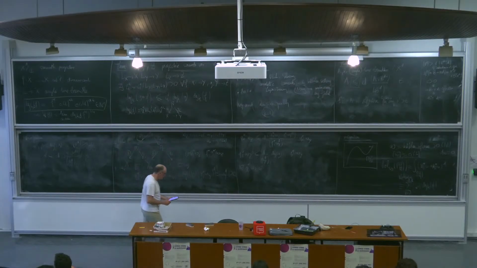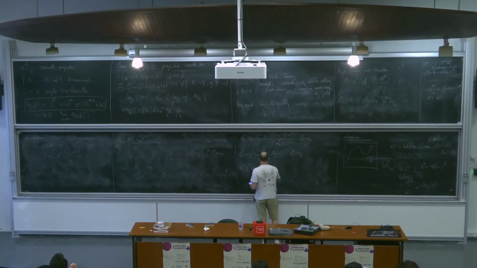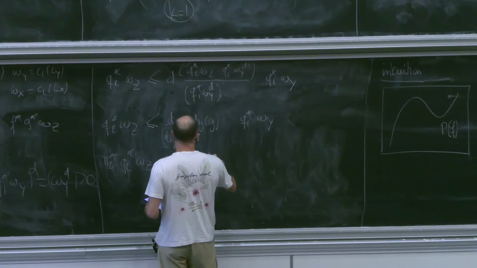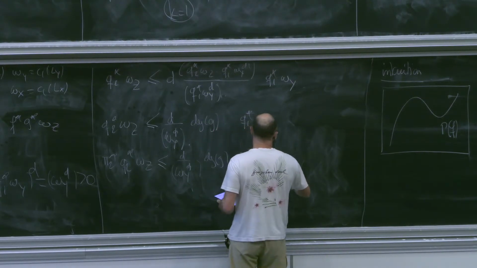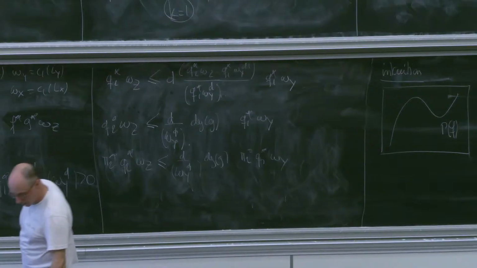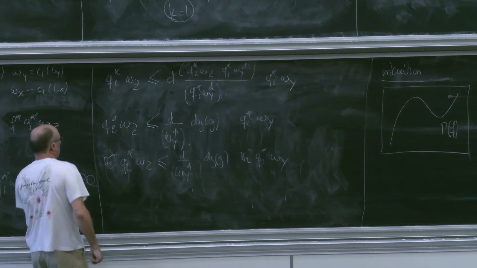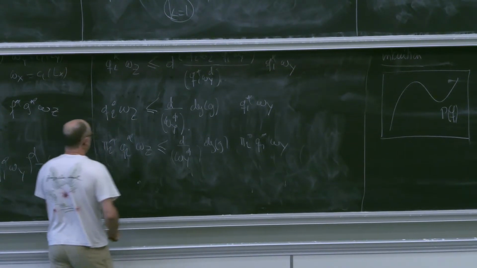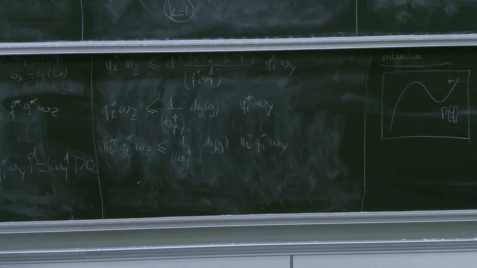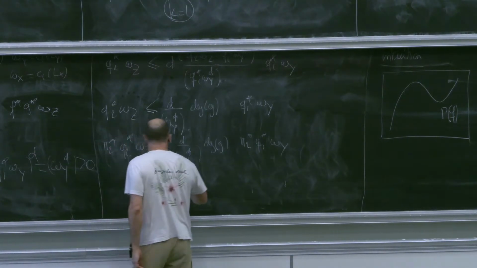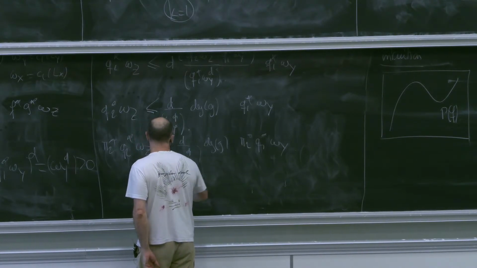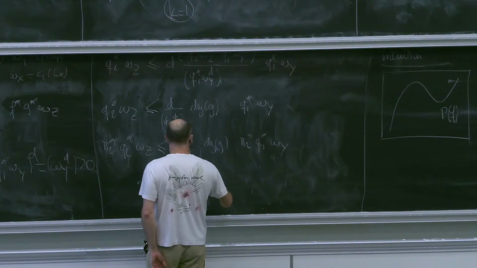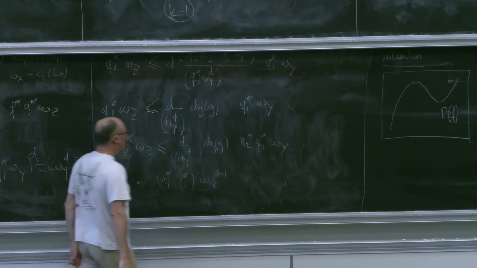So I can pull this back by pi 2 to gamma 3. So this is less than or equal to d over omega y to the d, the degree of G, pi 2 star Q1 star omega y. And now what you do is cup this with an F class, which is the pullback by P1 and pi 1 of omega x to the right power, d minus 1.